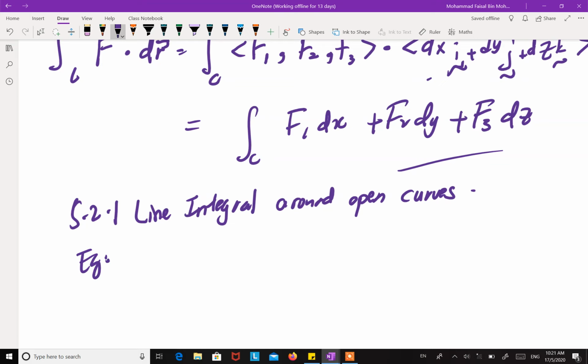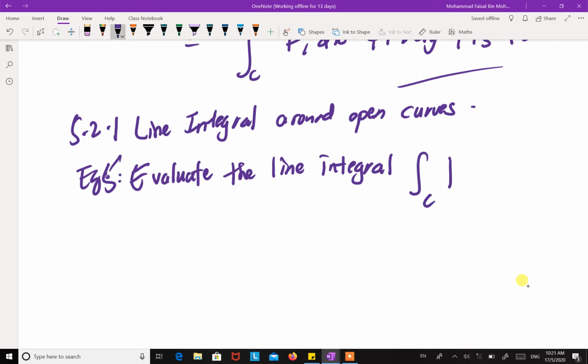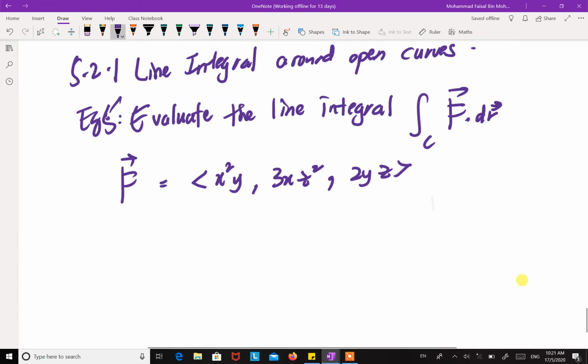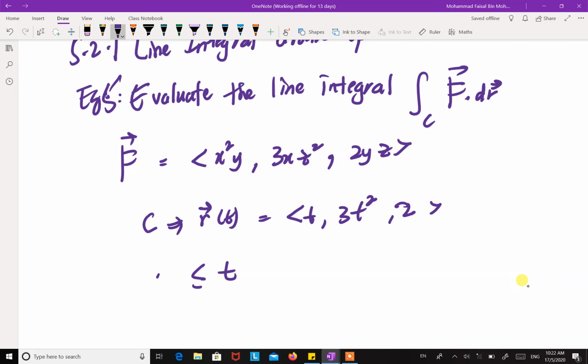Example 5: evaluate the line integral of f dot dr, which is the total work done, where f of x, y, z is x squared y i, 3xz squared j, 2yz k, and C is given by r(t) equals t, 3t squared, 2, where t is between 0 and 1.